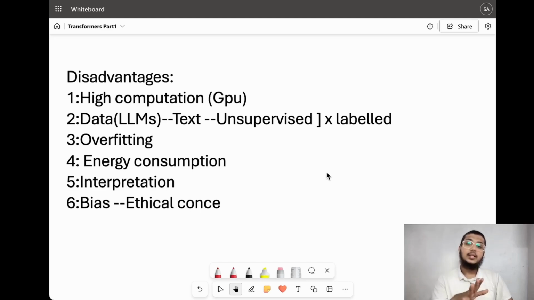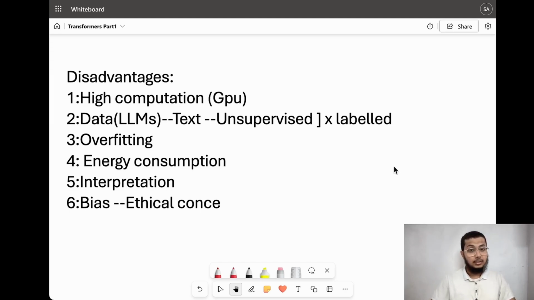You can train transformers in parallel, like process information in parallel in the encoder, but to train it, you need GPUs so that you can do that parallel computation. We all know that GPUs are costly, so a high computation cost is involved in training transformers. This is the first drawback.